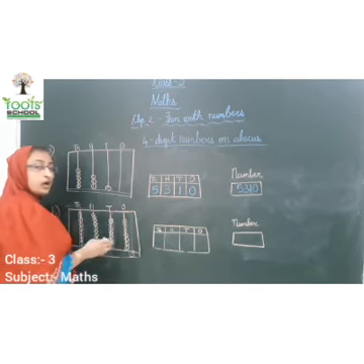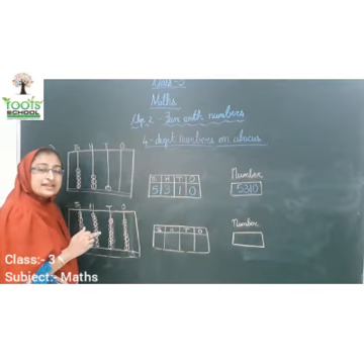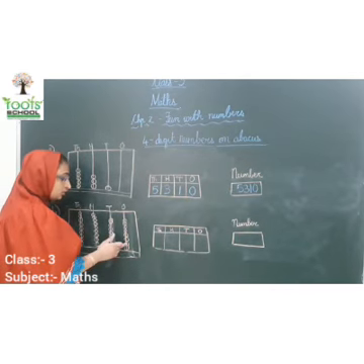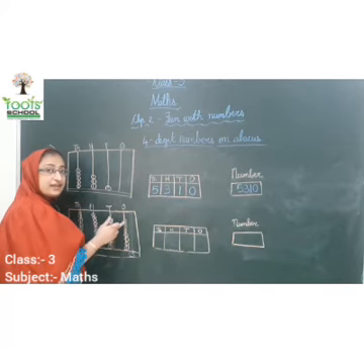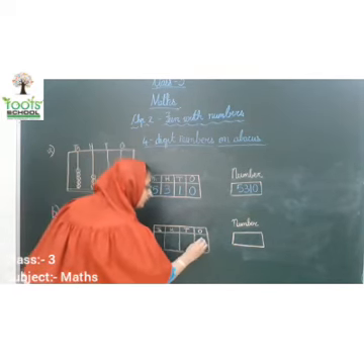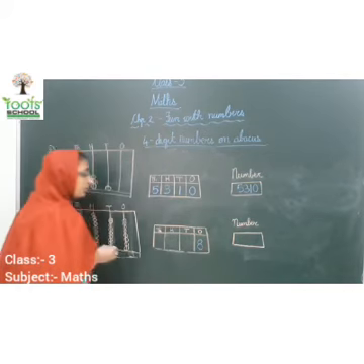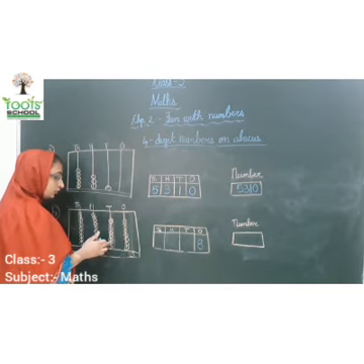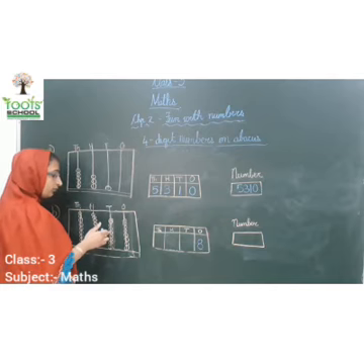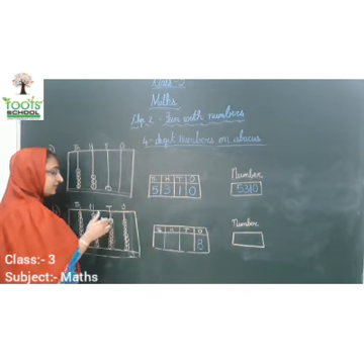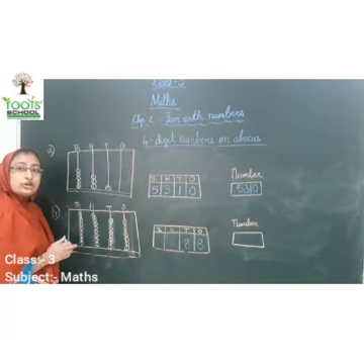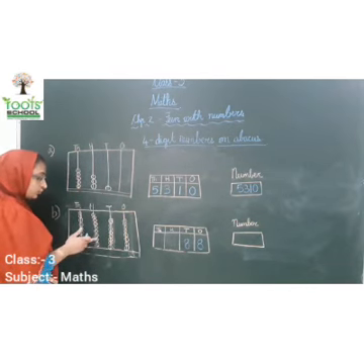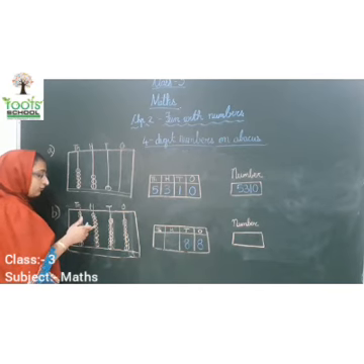Now we move on to the second sum, that is sum number B. Now let's count the correct number of beads at place of ones. 1, 2, 3, 4, 5, 6, 7, 8. So you are going to write number 8. Now at the place of tens, 1, 2, 3, 4, 5, 6, 7, 8. So here also you are going to write number 8. Now at the place value of 100, 1, 2, 3, 4, 5, 6, 7, 8, 9.